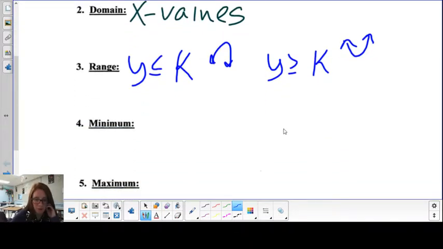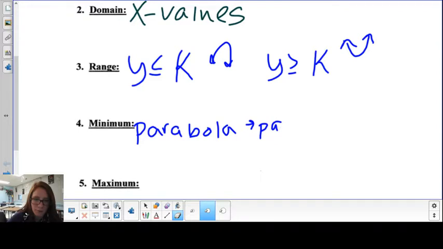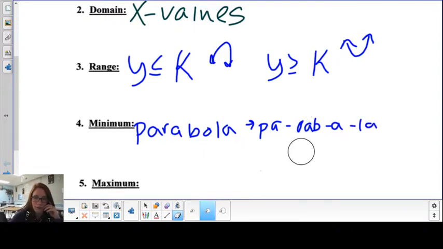If it's a minimum, that's when the parabola opens up, and it's talking about the vertex being the minimum. And I know it's spelled parabola, but it's pronounced differently.